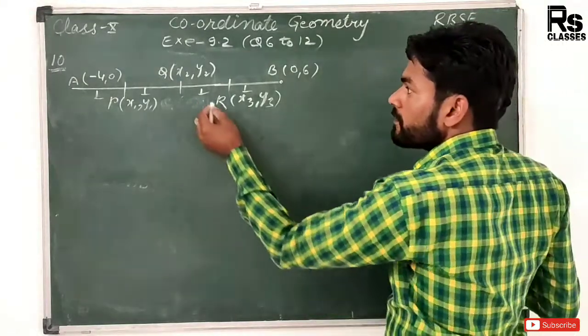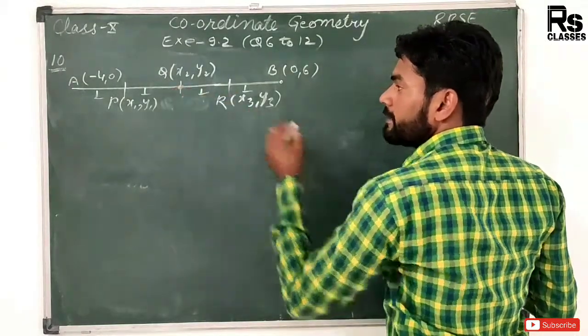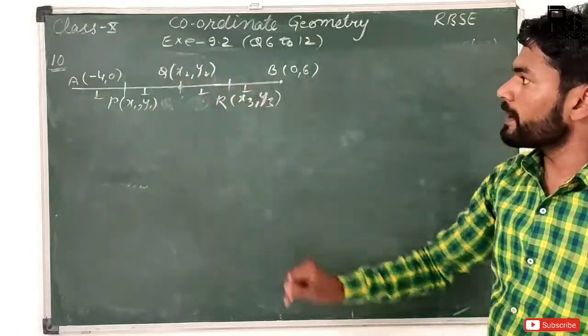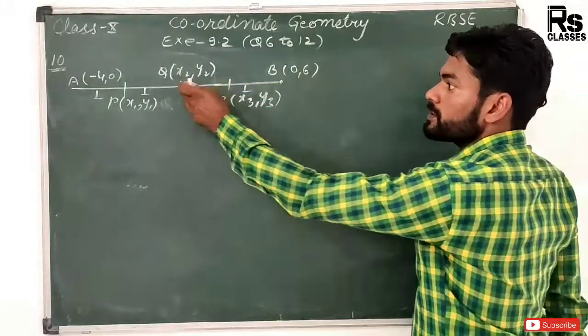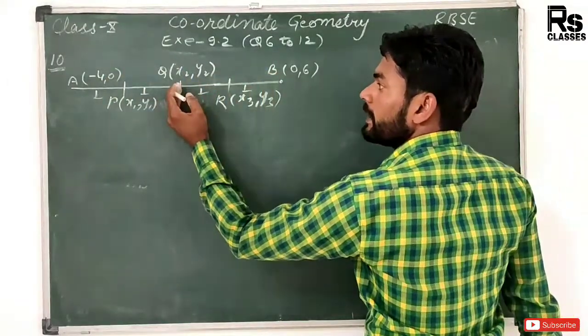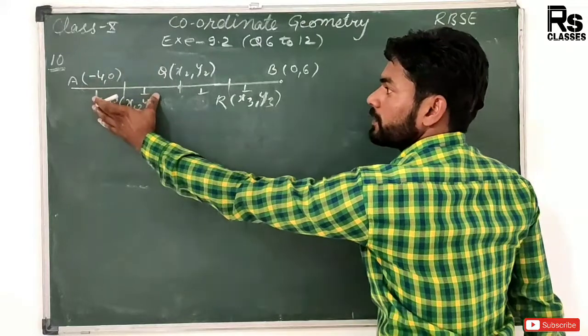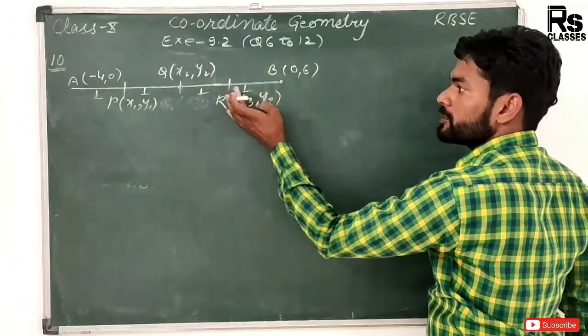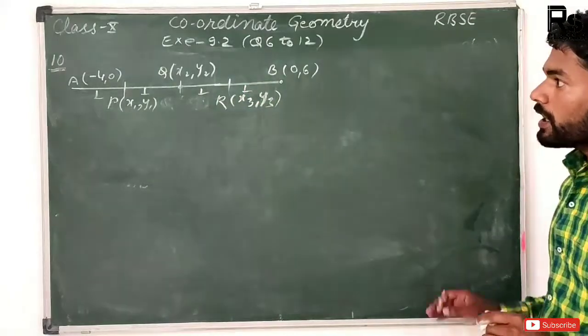Look, first of all, I am calculating the value of x2, y2 because Q is the midpoint of AB. On the left side of the point Q the ratio is 1 plus 1, which is 2, and on the right side also the ratio is 1 plus 1, which is 2.